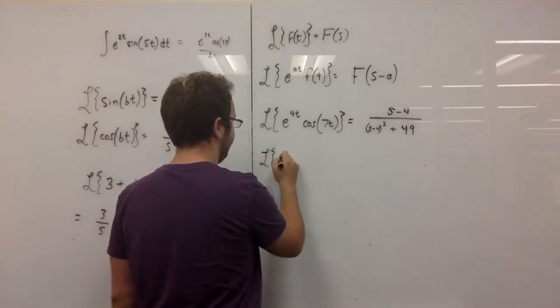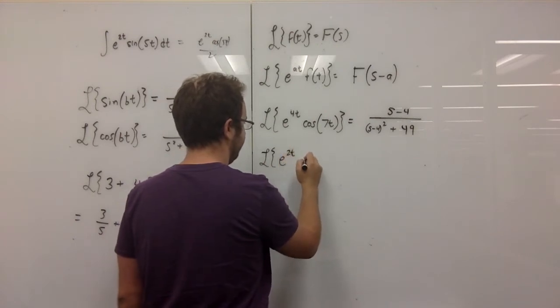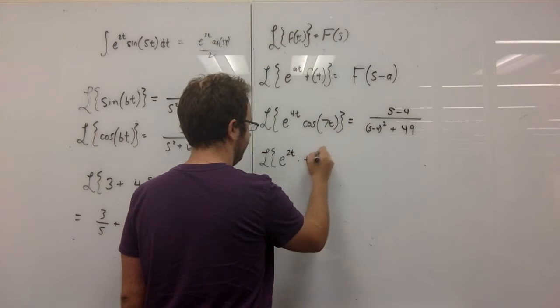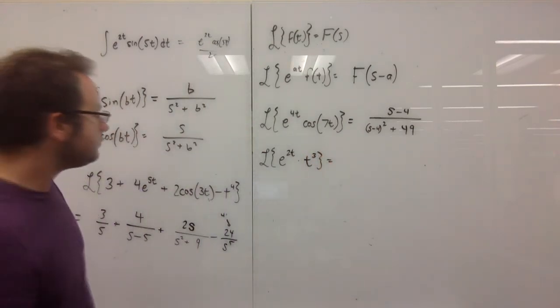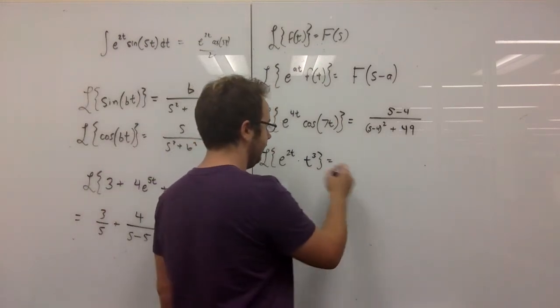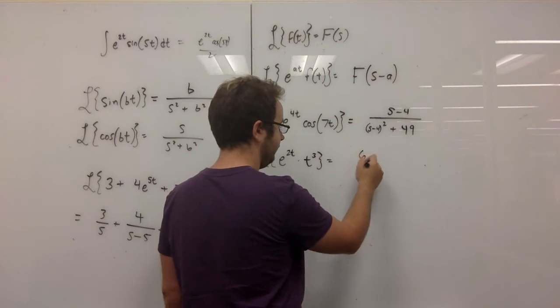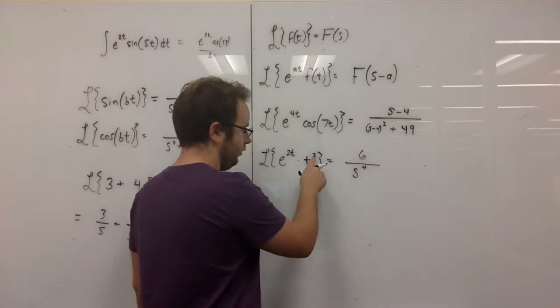Cool? Let's try another one. What's the Laplace transform of e to the 2t times t cubed? Start by saying, what's the Laplace transform of t cubed? We know that to be 3 factorial, or 6, over s to the 4.